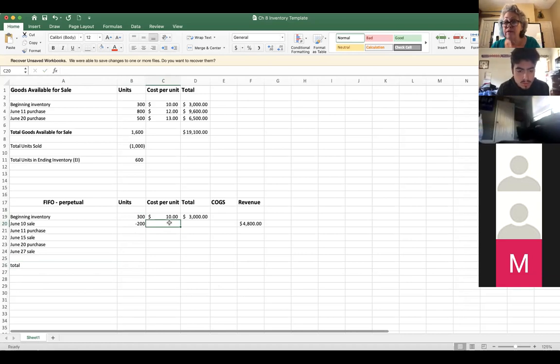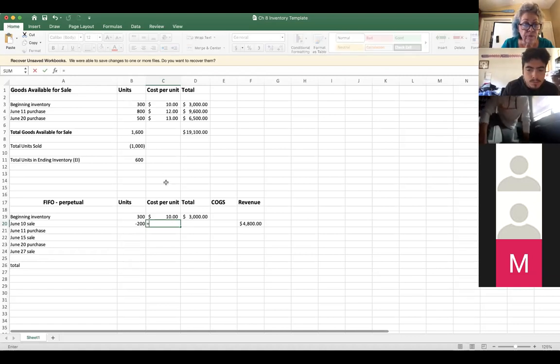Cost flow is different than physical flow. We know that companies, the first ones in are the first ones that are physically going off the shelf. What we're talking about here is the cost flow. Well, the only inventory I had was the 300 units at $10 a share.